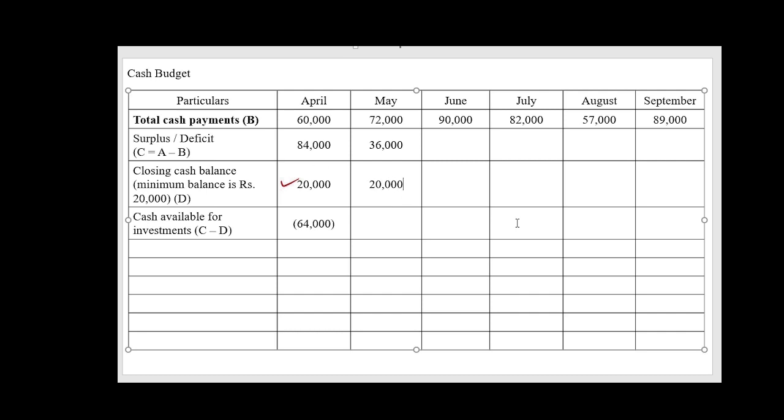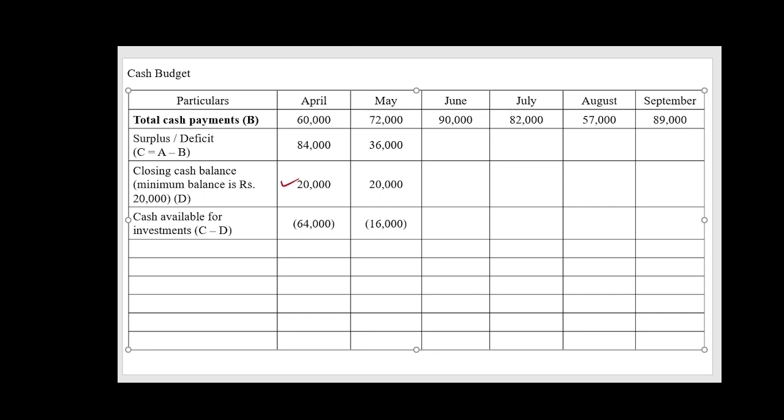20,000. So it has a surplus of 36,000 after making the payments, out of which the closing cash balance that has to be maintained is 20,000, which means to say that the business has 16,000 rupees in its hands to invest. So money goes out in the form of investment.